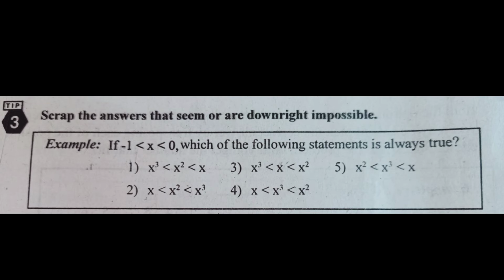Our second option is x less than x squared less than x cubed. Third option, we got x cubed less than x squared. Fourth option, we have x less than x cubed less than x squared. And fifth option, we have x squared less than x cubed less than x.